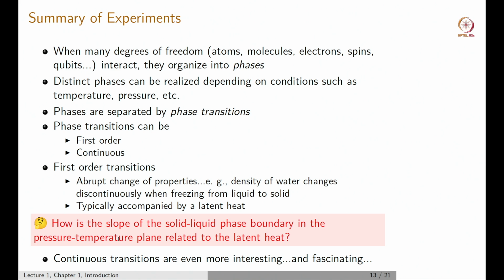That's how much I will have to say about first order phase transitions. But I want to emphasize now that continuous transitions are far more interesting and absolutely fascinating, which I will demonstrate in the next few slides.